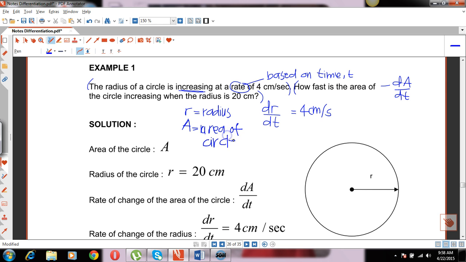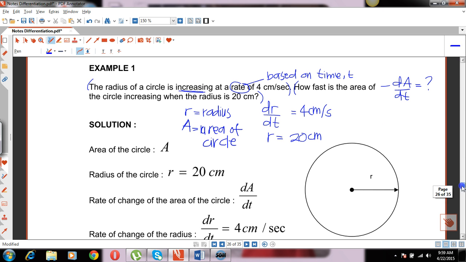When the radius is 20 cm, we know that the given from the problem is radius equal to 20 cm. Then they ask you to find dA over dt. So we complete step number 3.